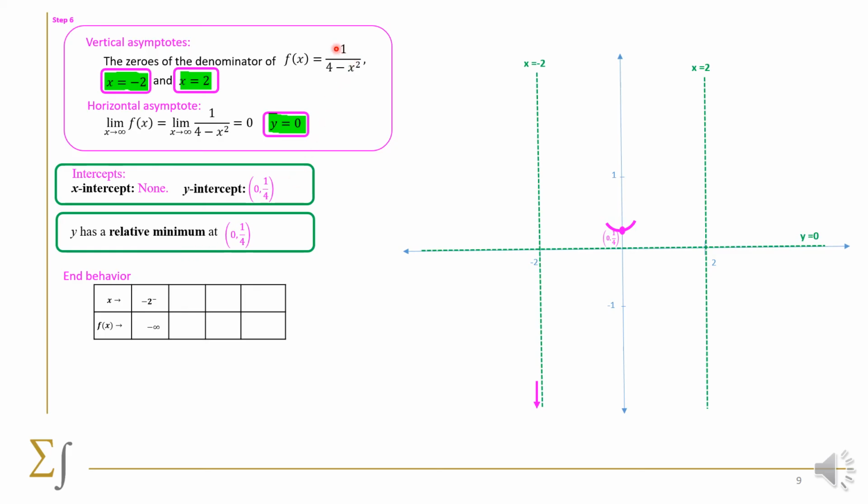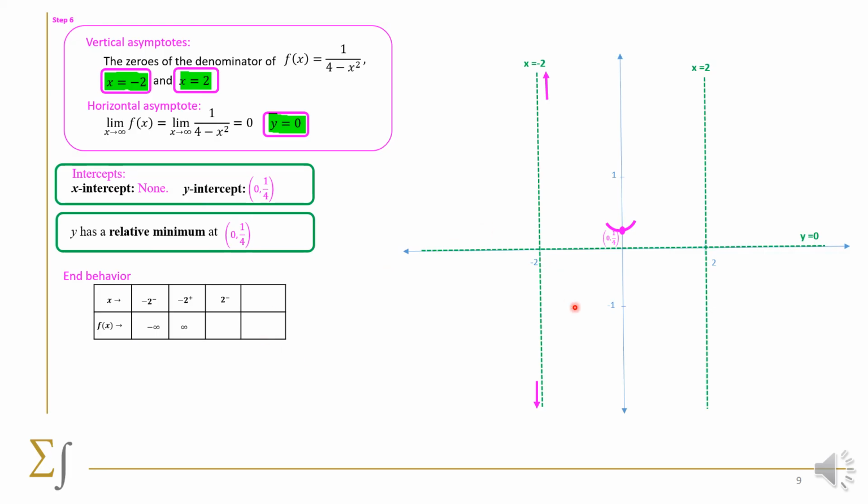So the whole fraction will get bigger and bigger, so we put minus infinity. In the same way, we do the same thing when we think of -2 from the right. Say we take -1.9, we get closer and closer to -2. The denominator gets closer and closer to 0, but the sign is positive, so we'll put plus infinity here.